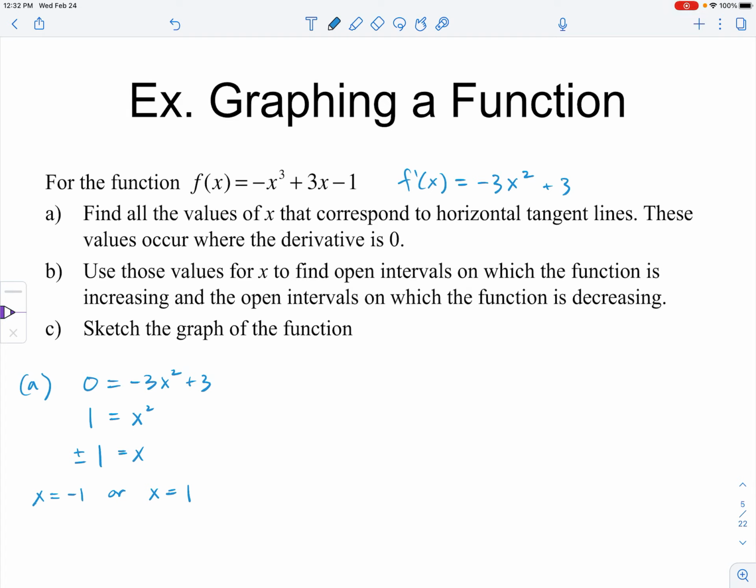Part B asks us to use those values for x to find the open intervals on which the function is increasing and the open intervals on which the function is decreasing. And the way that we're going to do that is by making an analysis line. So I'm going to make a line, and I'm going to put negative 1 and 1, those values where there's horizontal tangent lines, on the analysis line.